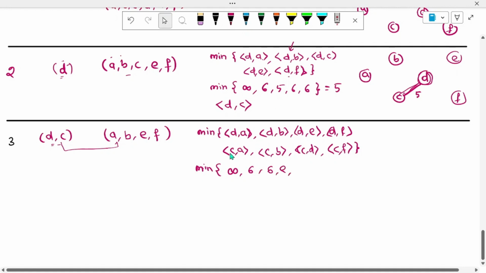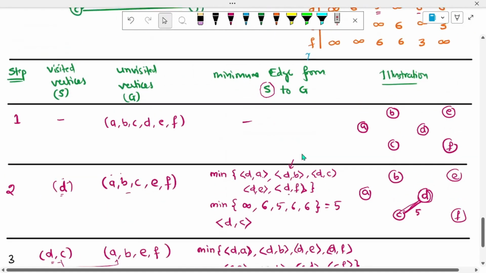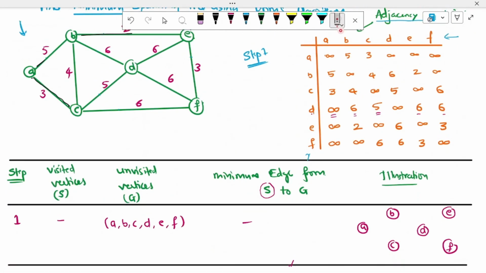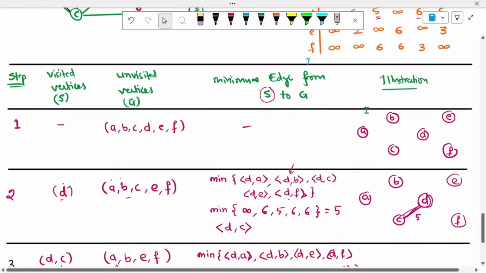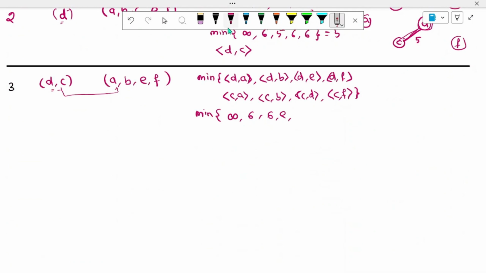And then next C, A, B, D, F. What are we going to have?